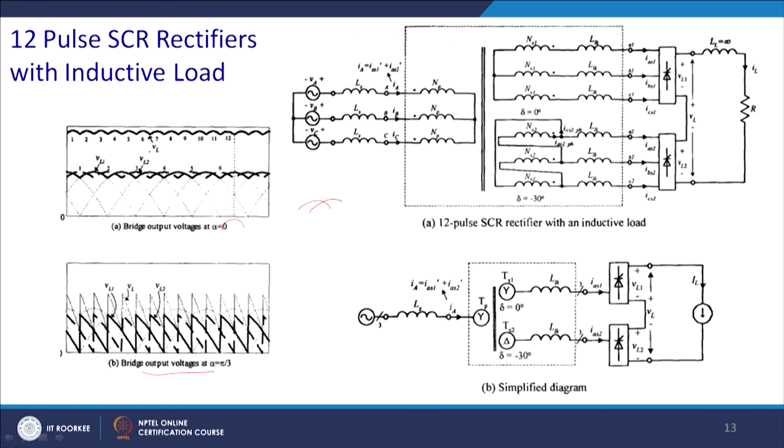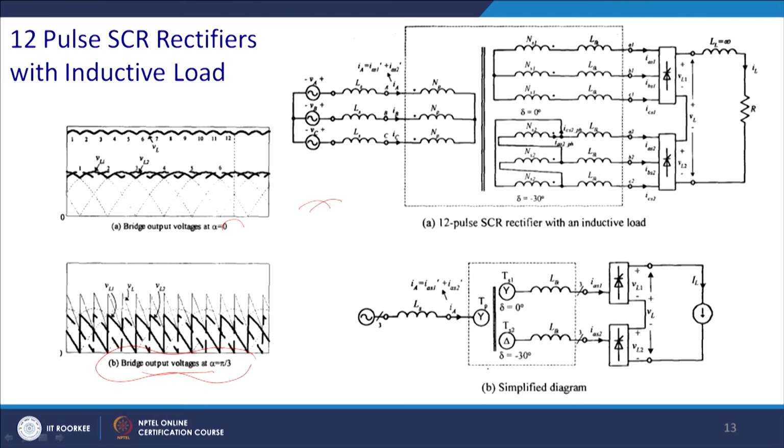So, the ripple will cancel out, and ultimately instead of a 6 pulse you get a 12 pulse in the output voltage, and this will be for alpha equal to pi by 3, and this will be the output voltage pattern for a highly inductive load.